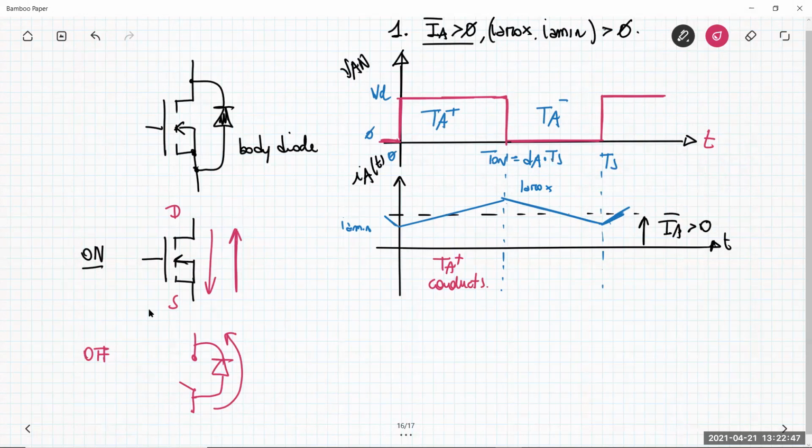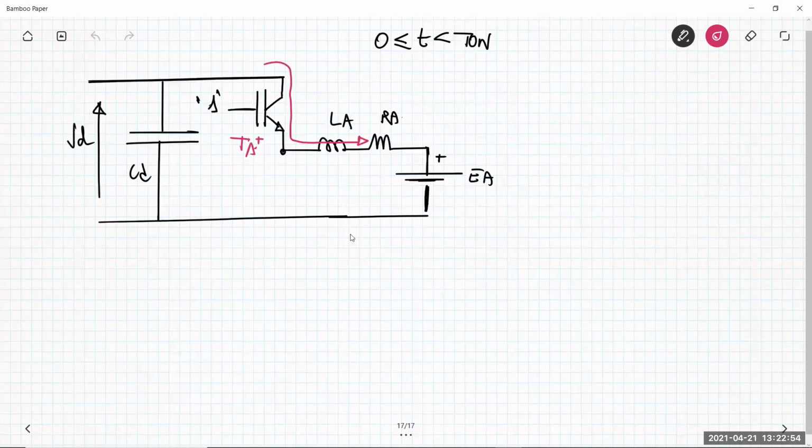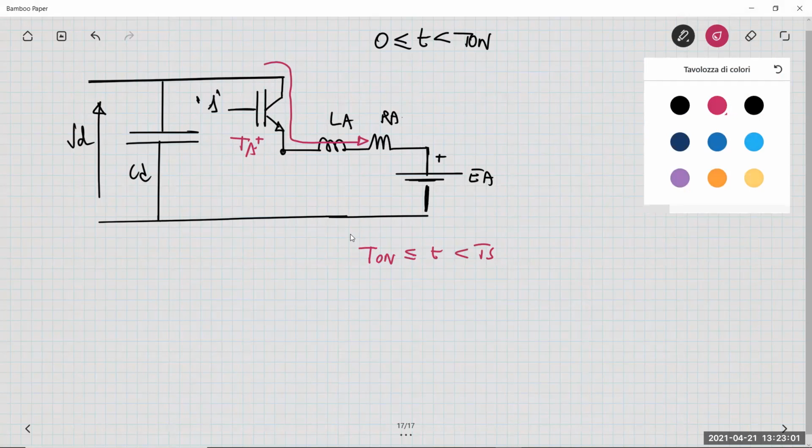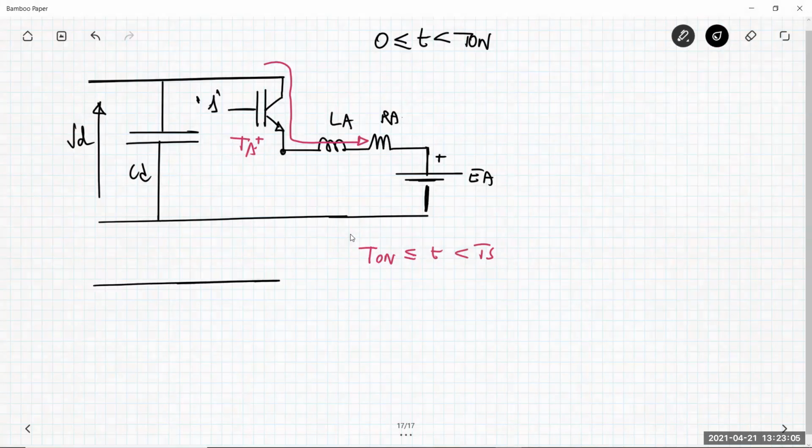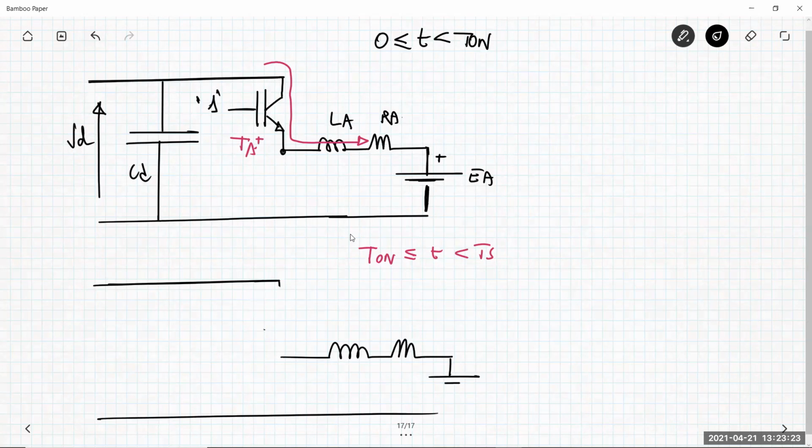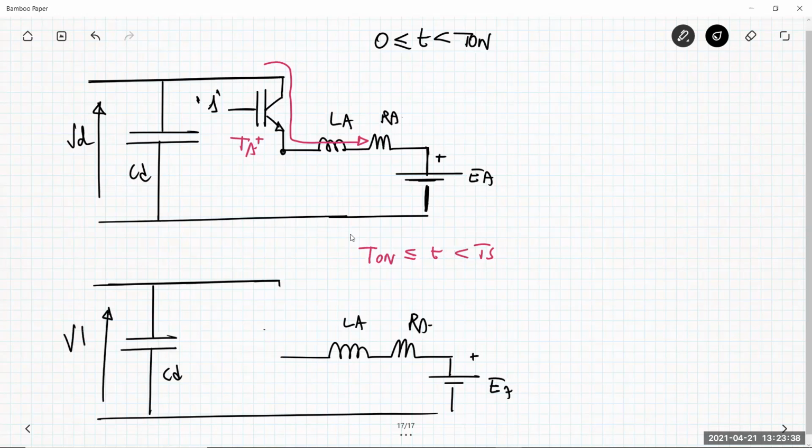What happens in the interval from T on to TS? Now the TA plus transistor is off.